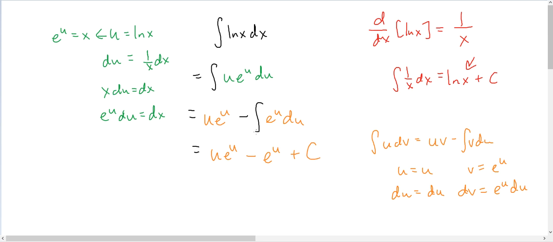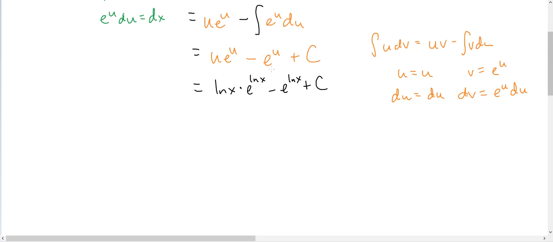Now we have to make everything in terms of x. So going back from our u substitution, our u is ln x. So this is going to be ln x times e to the ln x minus e to the ln x plus c.